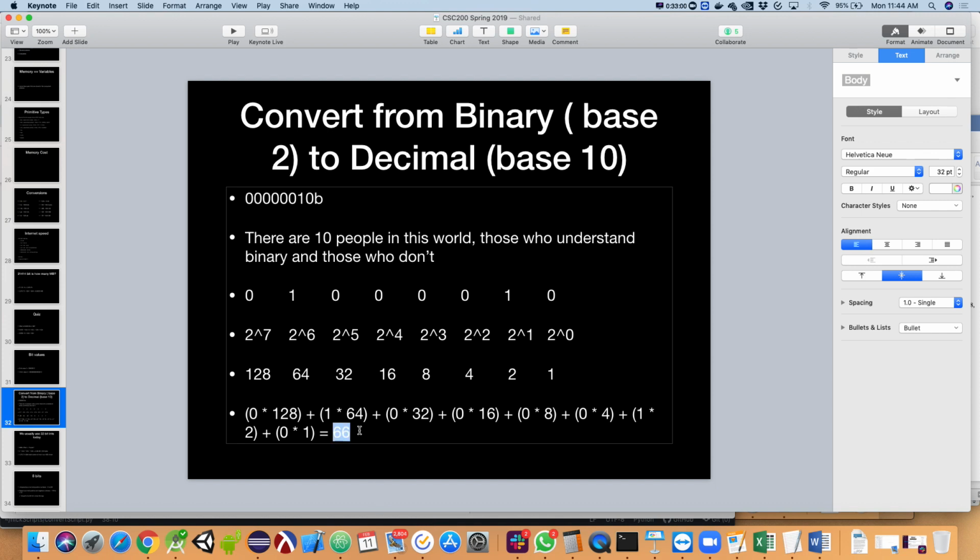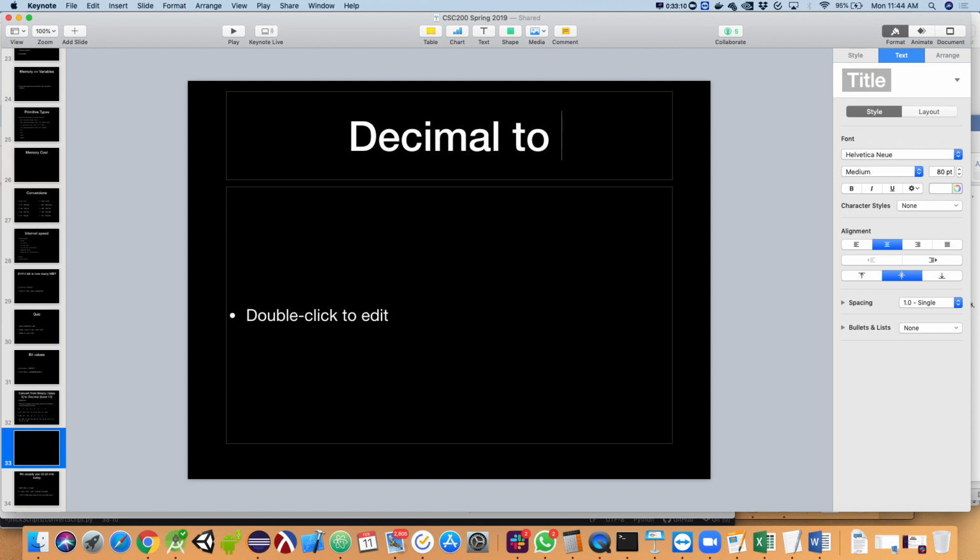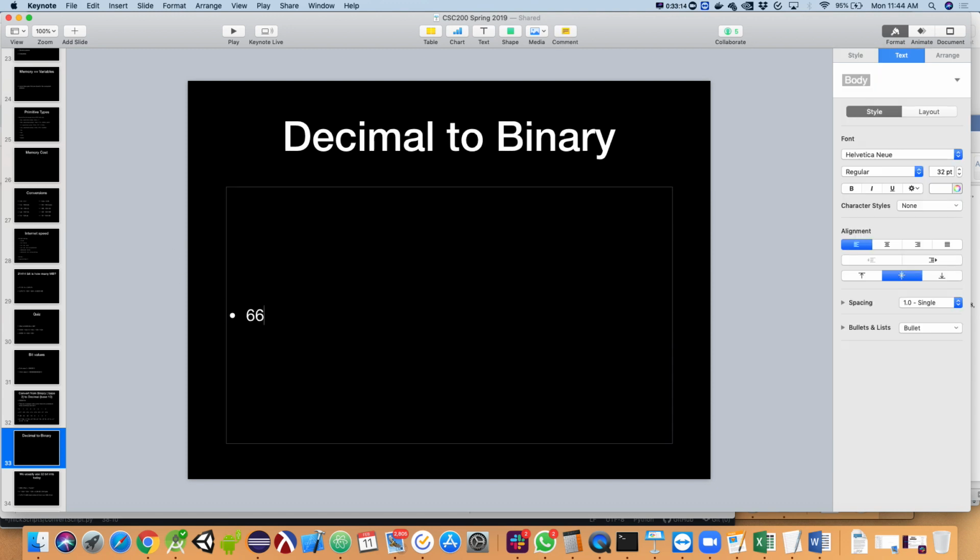So now let's say, what if I want to convert 66 into binary? I want to go the other direction. Decimal to binary. So I have the number 66, and I want to convert this into its binary equivalent.